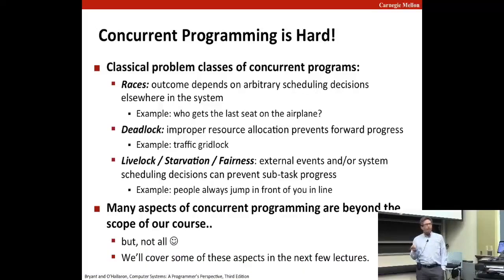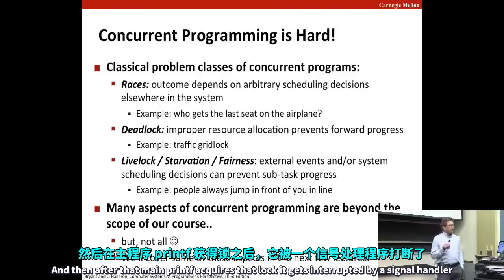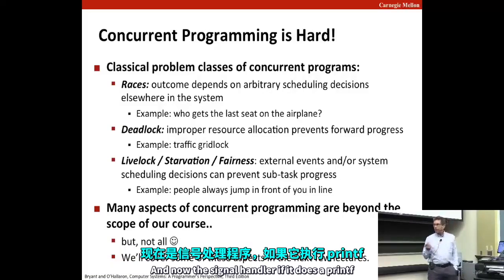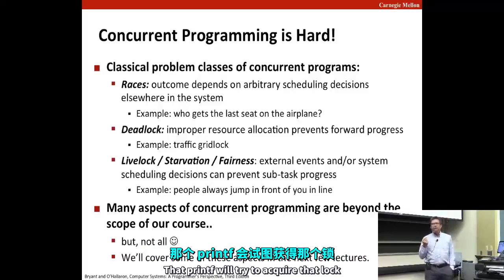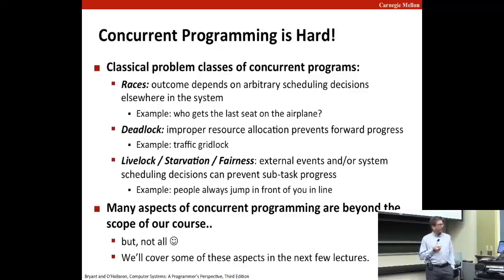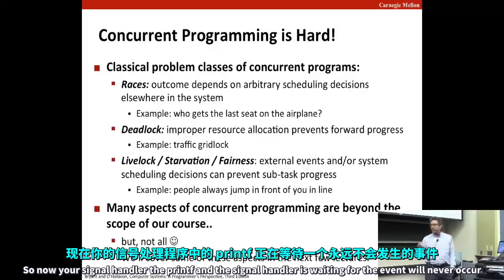After the main printf acquires that lock, it gets interrupted by a signal handler. Now the signal handler, if it does a printf, will try to acquire that lock, but it won't be able to get it because the printf in the main routine has it. So the printf in the signal handler is waiting for an event that will never occur.